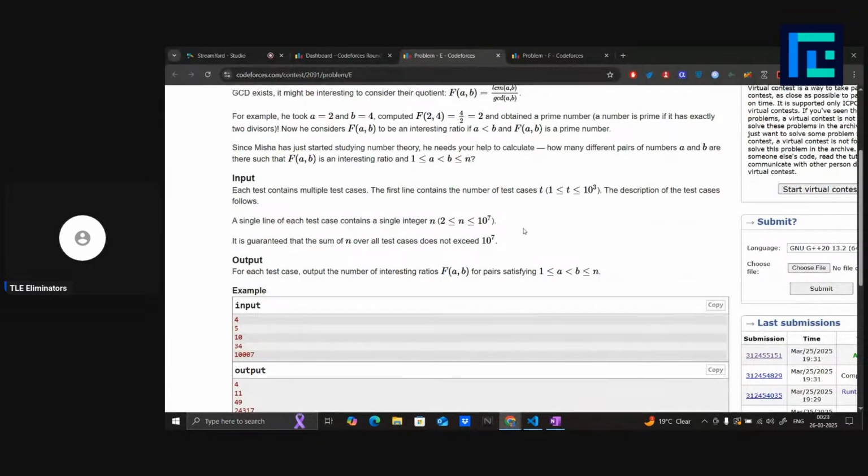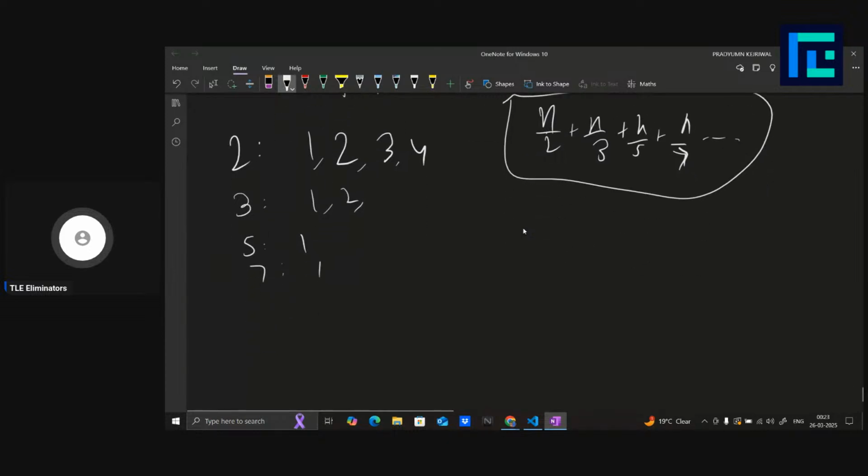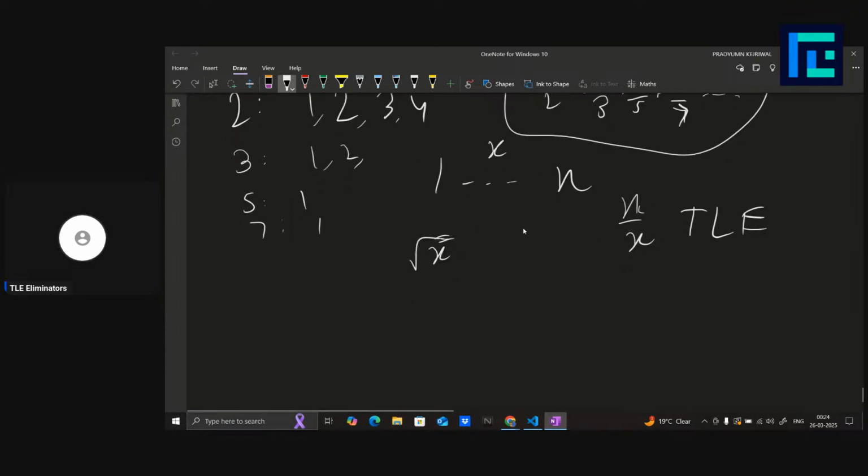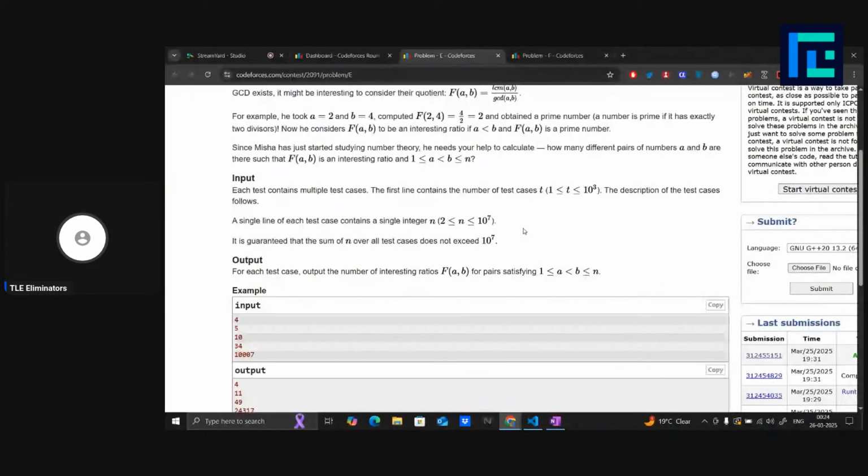Like let's say you just iterate over 1 to n, and for each number x, you check if it is prime or not in square root of x time, and if it is prime, then you add n by x to your answer. But this will give TLE because this is just n root n time complexity, and that definitely will not pass.